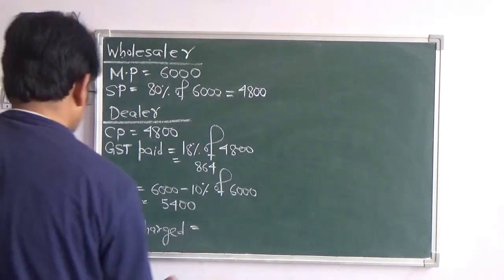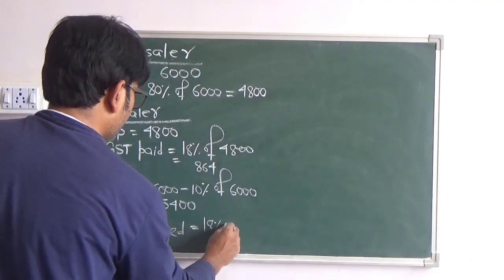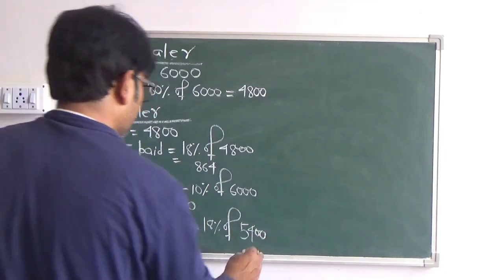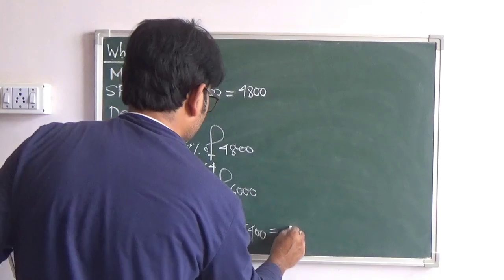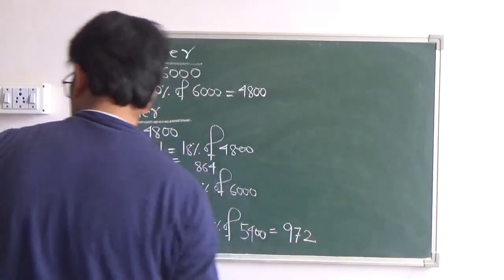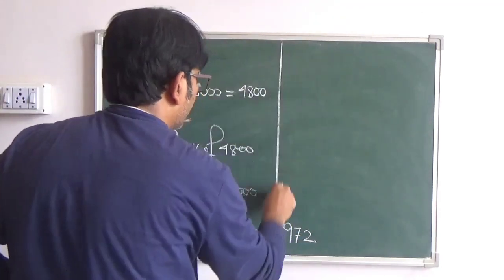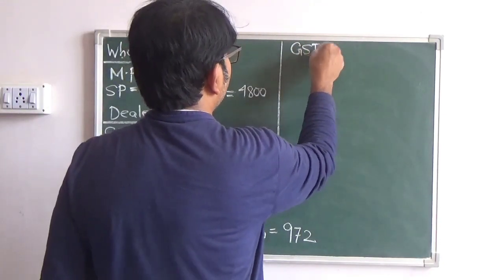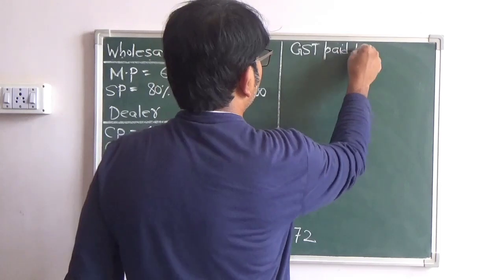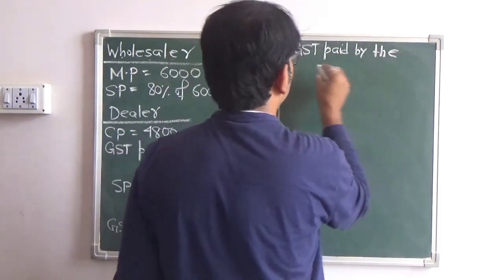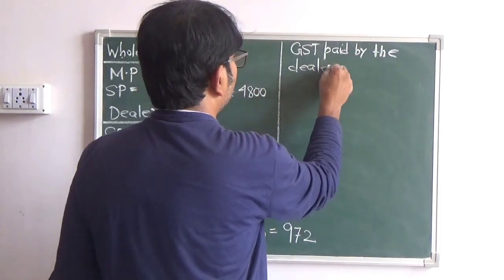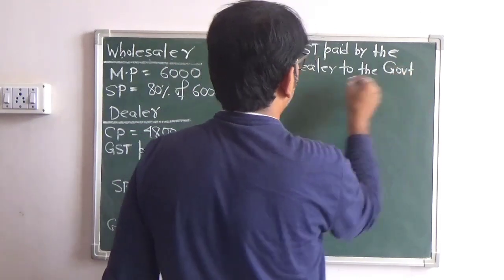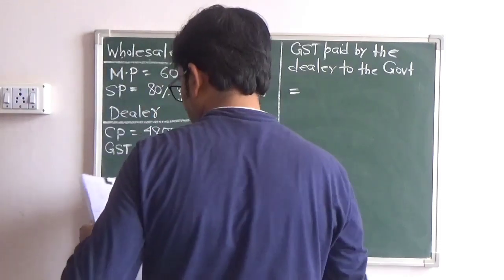The GST charged will be equal to 18% of 5,400, and that is coming to 972. So now the GST paid by the dealer to the government is equal to the output tax minus input tax.